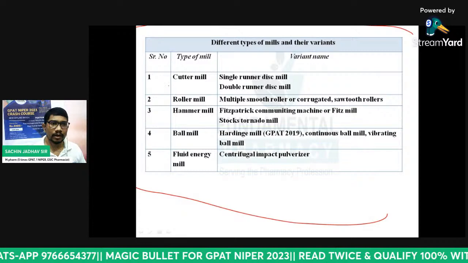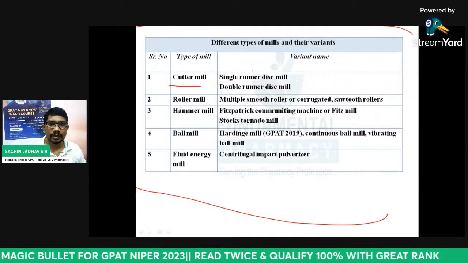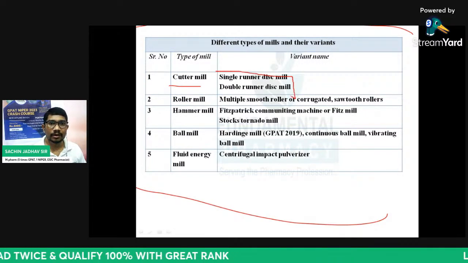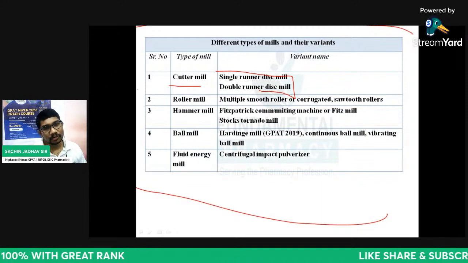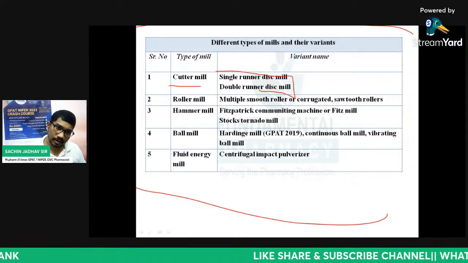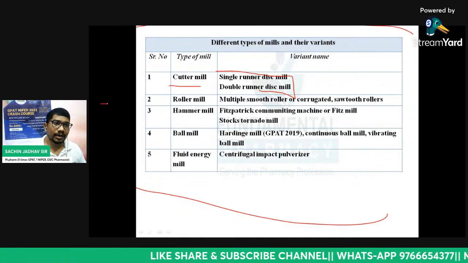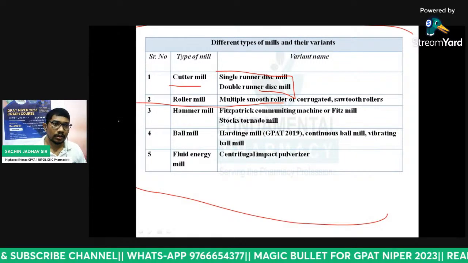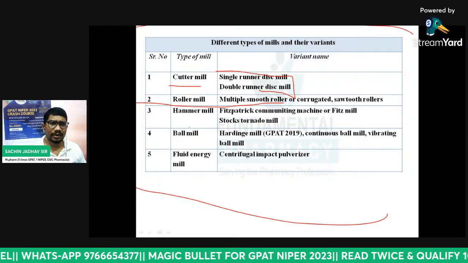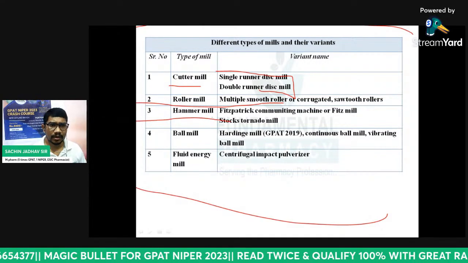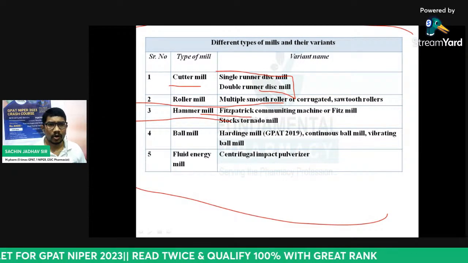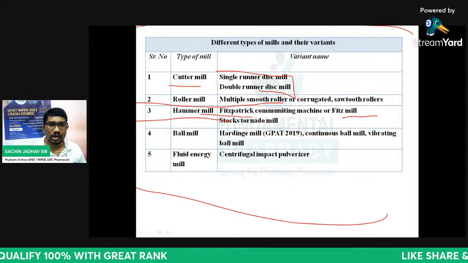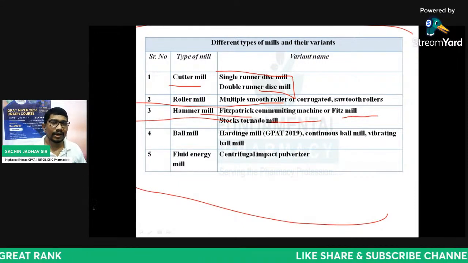So cutter mill has two variants known as single runner disc mill and double runner disc mill. कटर मिल का दो वेरिएंट होता है, सिंगल रनर डिस्क मिल, डबल रनर डिस्क मिल, ठीक है. रोलर मिल का वेरिएंट होता है मल्टीपल स्मूथ रोलर और करोगेटेड और स्ट्रैपेड रोलर, ठीक है. उसके बाद में हैमर मिल का वेरिएंट होता है फिट्जपैट्रिक मिल, फिट्जपैट्रिक कम्युनिकेटिंग मशीन, it is also known as Fitz mill और स्टॉक टॉर्नेडो मिल.